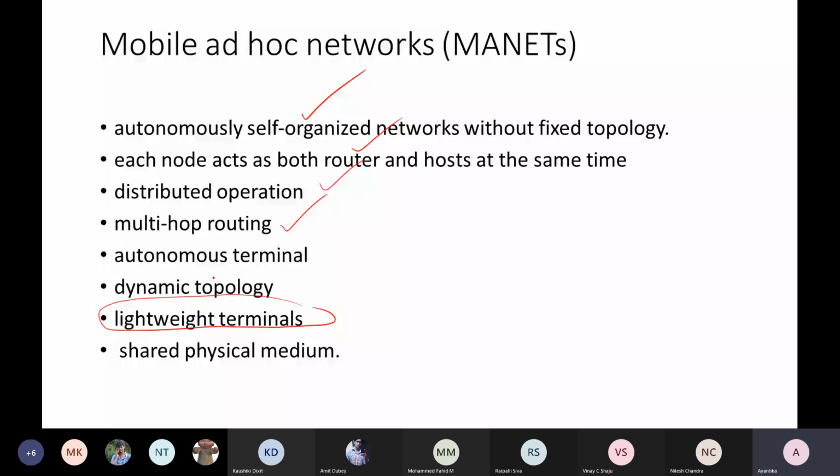The reason is, the more costly it is, the more cost you have to support in your resources, I mean the computational resources present in the node itself. Since they have lightweight terminals, your algorithms should also be chosen that way. And shared physical medium, I think we have already discussed this, and we know the challenges and what solutions to adopt in this scenario.